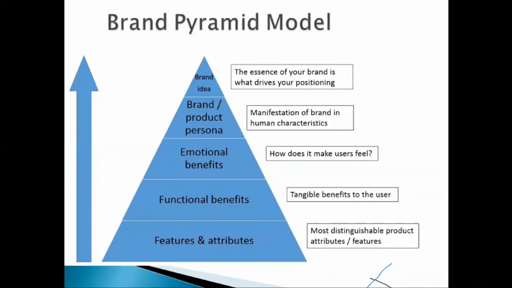The next one is your product benefits, the functional benefits. You need to ask yourself, what are the benefits these users stand to gain? What are the benefits the users would derive from the use of your product?